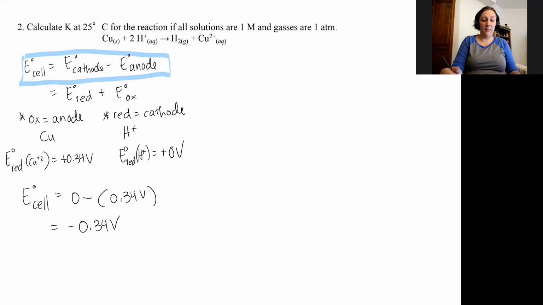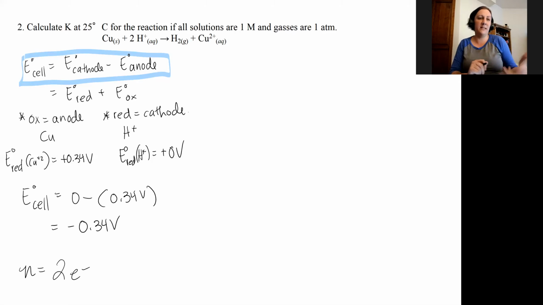So now I'm going to determine the number of moles of electrons. My copper is going from copper to copper plus 2, so it's a 2 electron difference. And my hydrogens are each undergoing a 1 electron difference, but there's 2 of them. So I'll have 2 moles of electrons that participate in a balanced redox reaction.